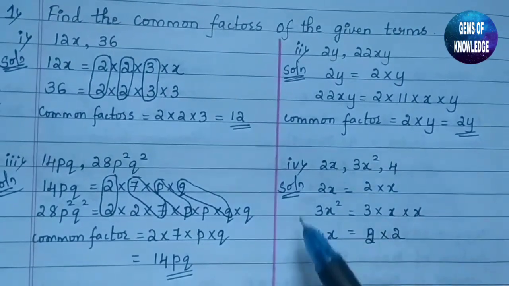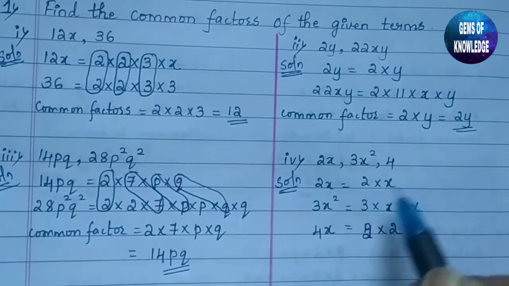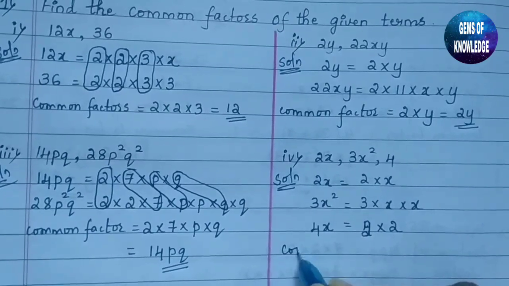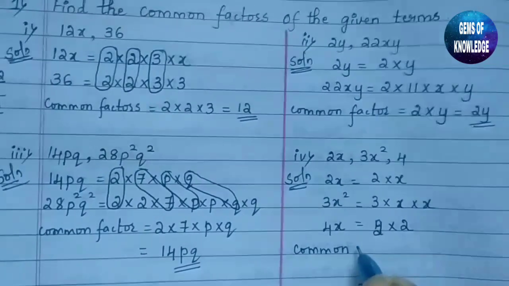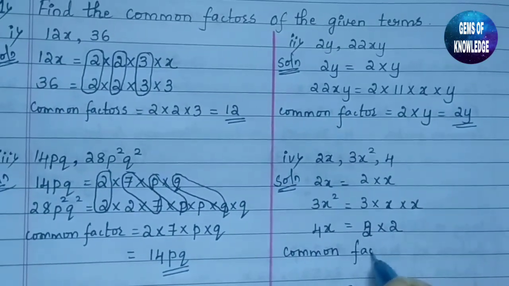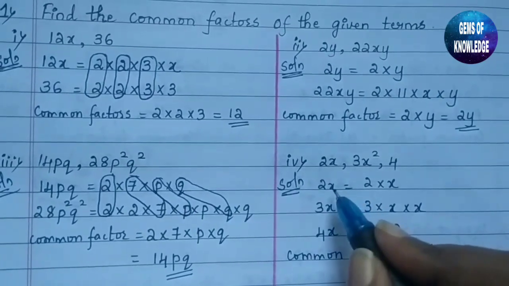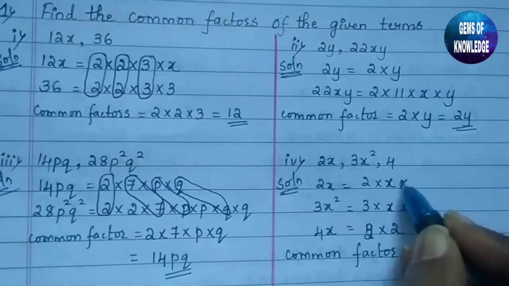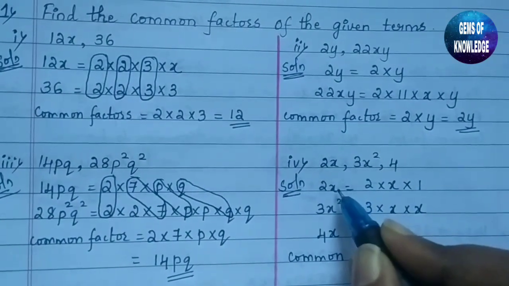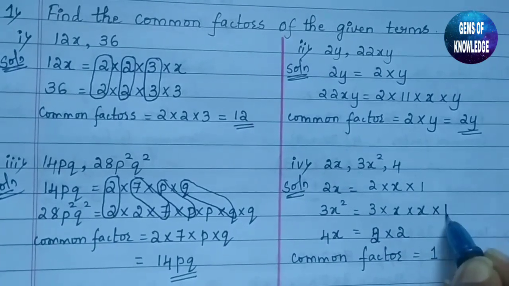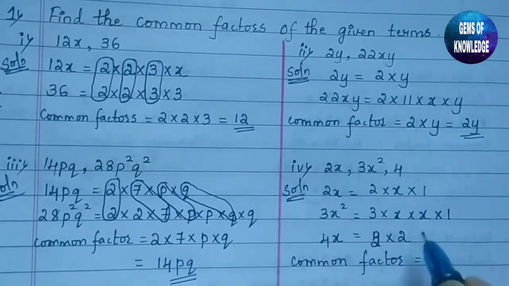Okay. So basically we can see no common factors between all the three terms. So what we will write, the common factor is 1. Why is it 1? The common factor is equal to 1 because when we multiply 2x by 1, we get 2x. Similarly, 3x square, when we multiply with 1, again we get 3x square itself.